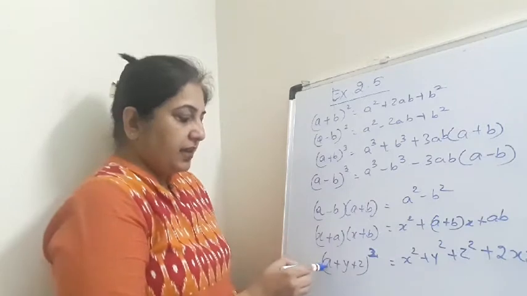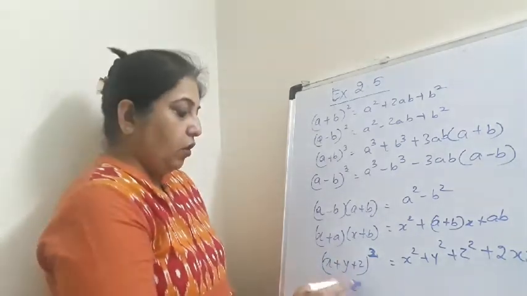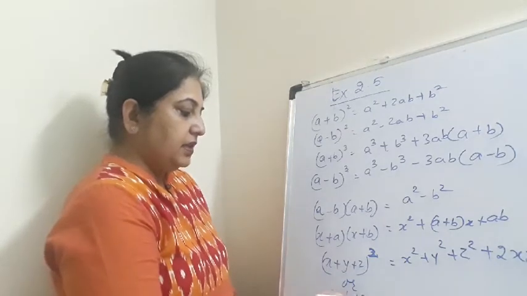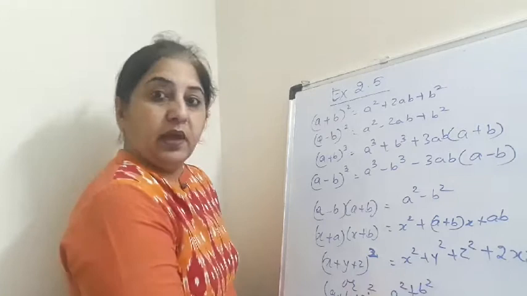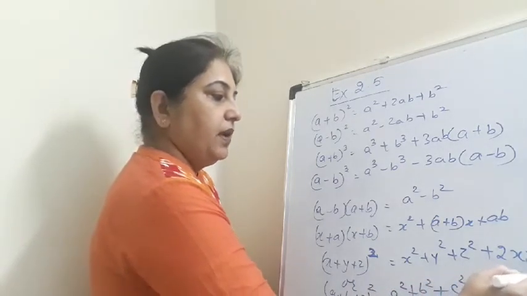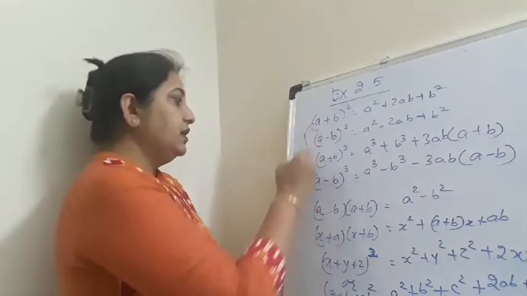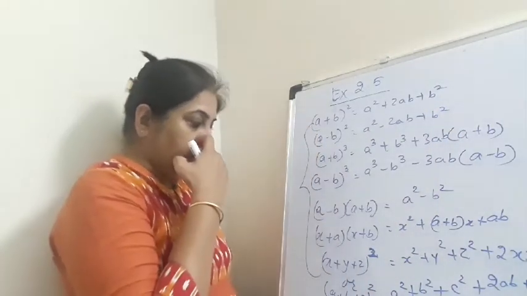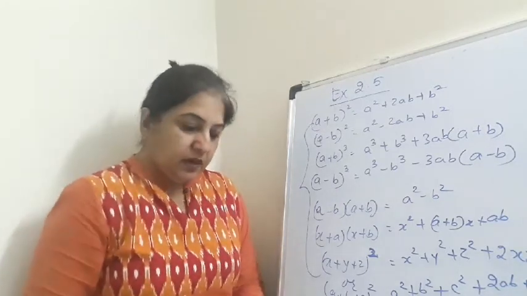I can replace x plus y plus z by a plus b plus c, and I can write (a + b + c) the whole square is equal to a square plus b square plus c square plus 2ab plus 2bc and plus 2ca. So these are the total identities which we are going to use in exercise 2.5. Okay, so let's begin with the questions.